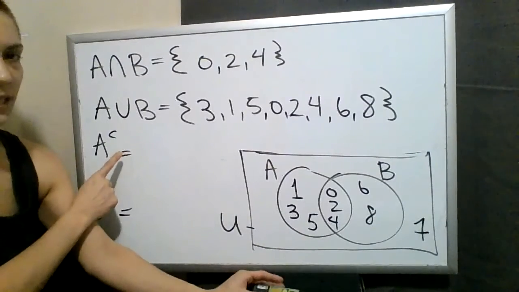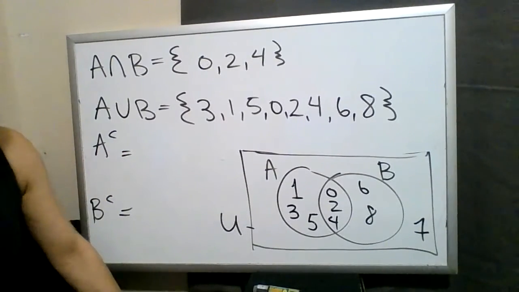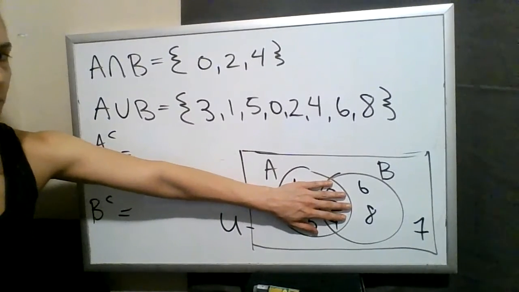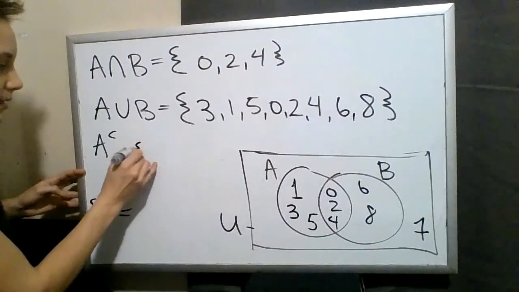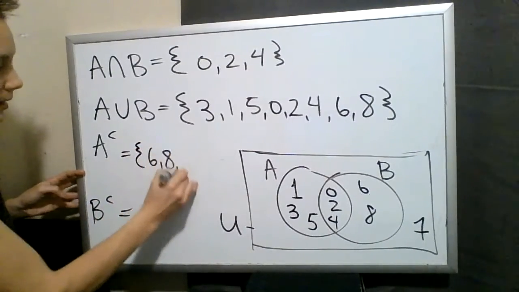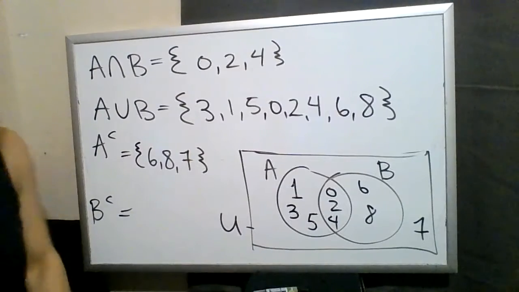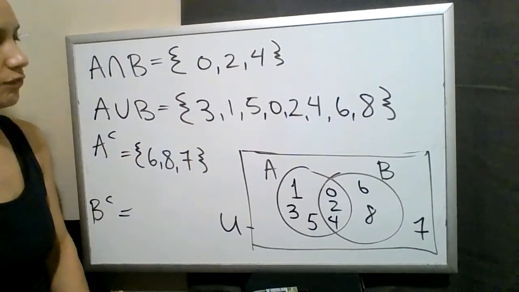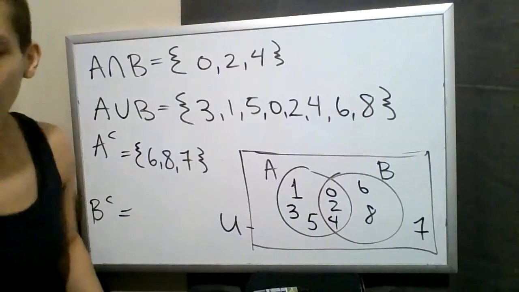Okay, A complement is elements outside of the set of A. So outside of set A is 6, 8, and 7. Or let's write it like that: 6, then 8, and 7. Yeah, okay. Double checking.